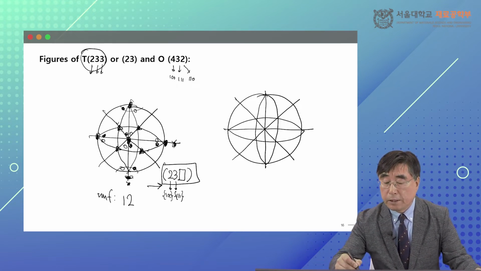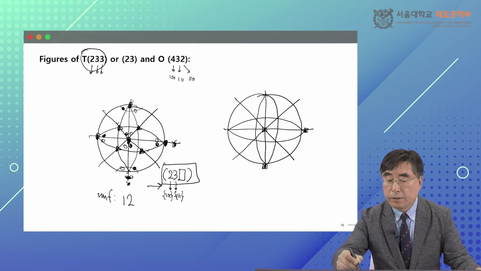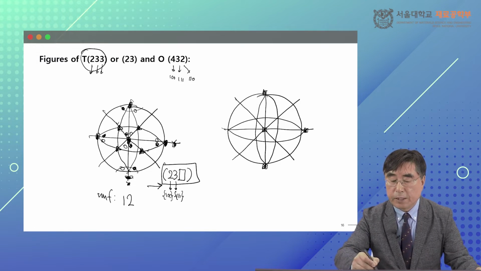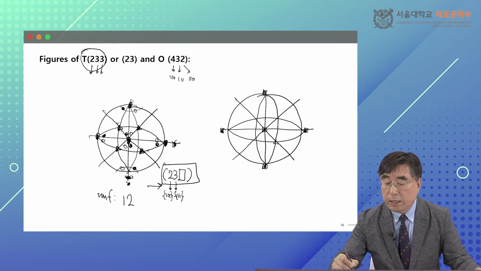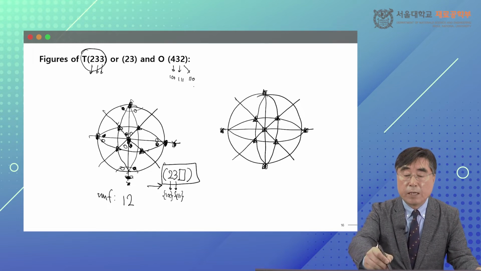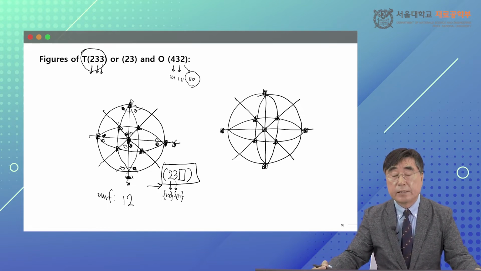All right, so there is fourfold on the x-axis and y-axis, so this one has fourfold, this one has fourfold. So all the 100 type axes have fourfold. Now all the 111 type axes have threefold. Now all the 110 type axes have twofold.